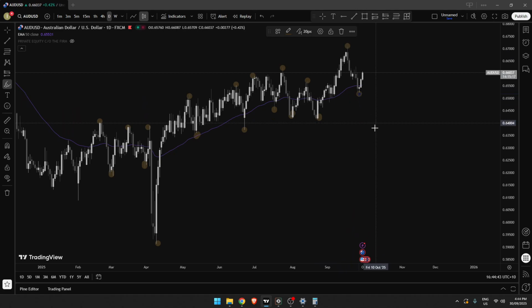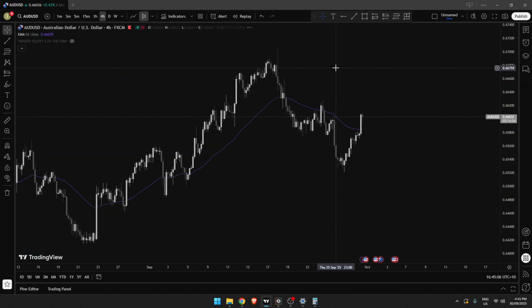Now, it's not as clean as a weekly, as there's some internal structure here, but as you can see, was bearish overall, swapped to bullish, and had a nice impulsive break of structure and move to the upside here. So that's why we are bullish on the daily.